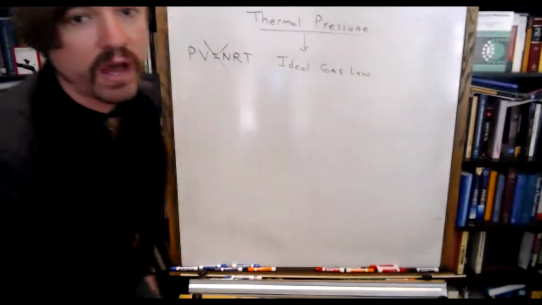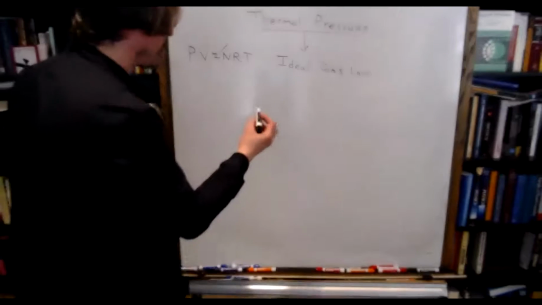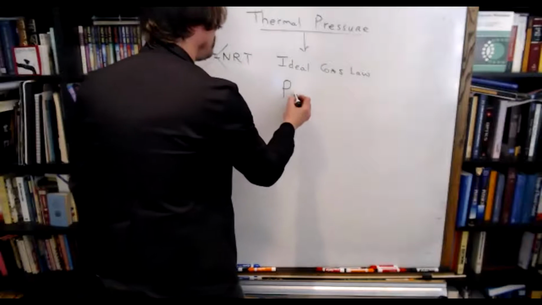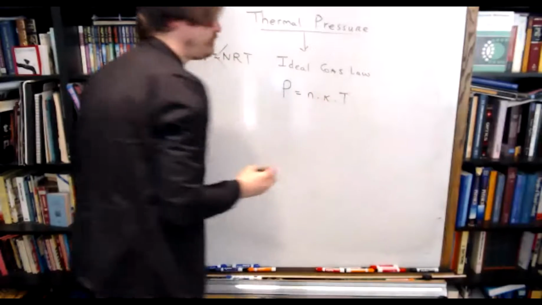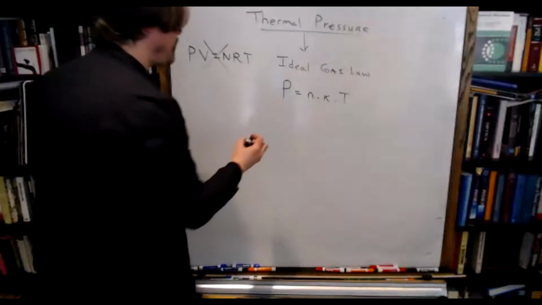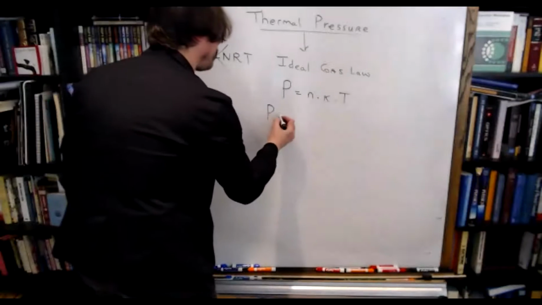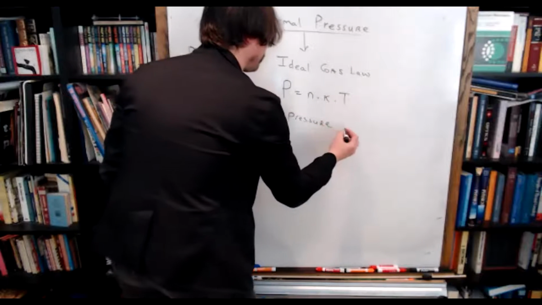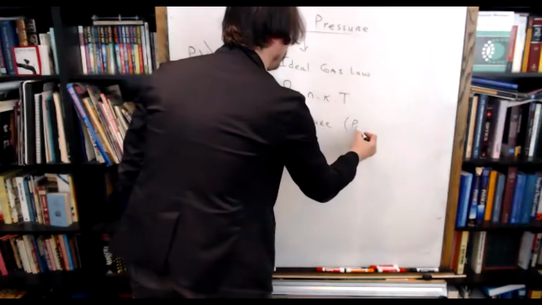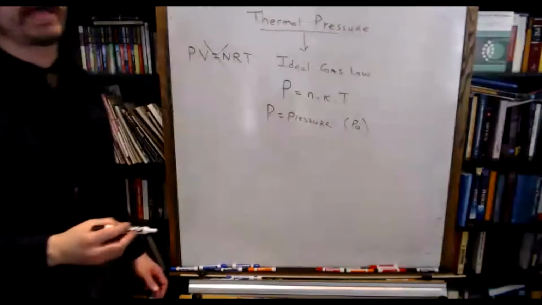There we go. Okay, the physicist's way of describing the ideal gas law is pressure equals NkT, where P stands for the pressure of the gas, measured in units called pascals, and we'll talk about that in a moment.